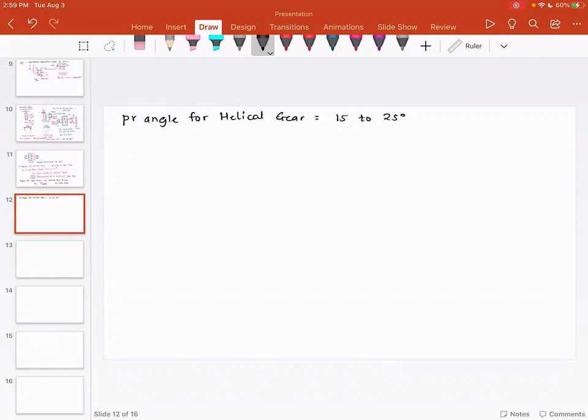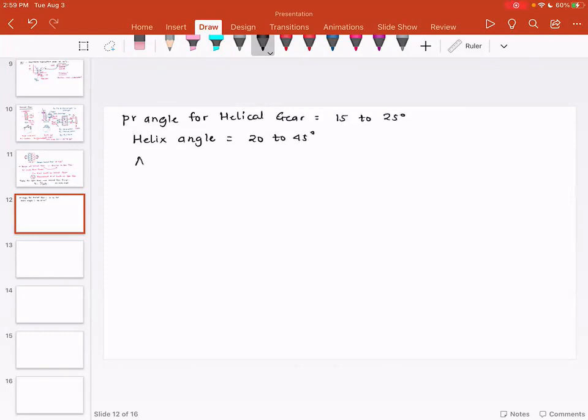The helix angle can go anywhere between 20 to 45 degrees.